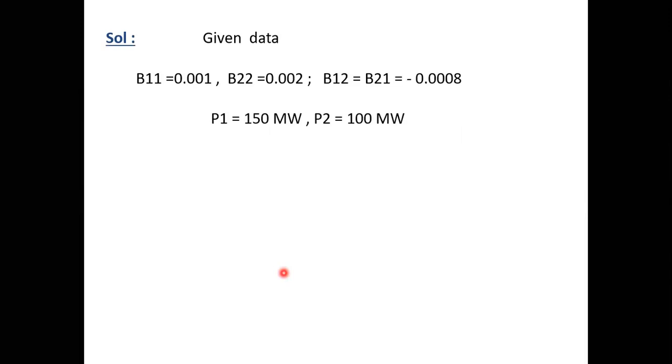What is the generalized formula for loss power? This is the generalized formula for the loss expression in terms of real power and loss coefficients. Here, sigma m equals 1 to k, sigma n equals 1 to k, Pm Bmn Pn, where k represents how many units or thermal power plants are present in our system.